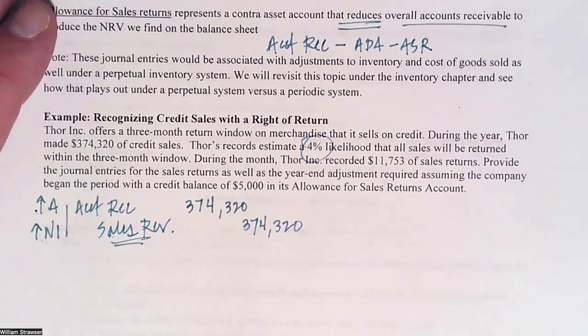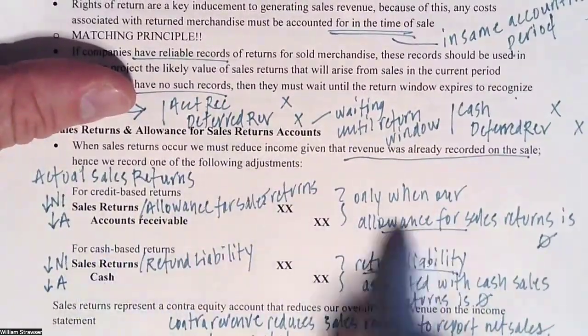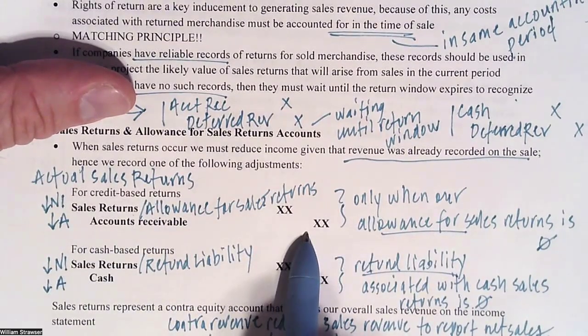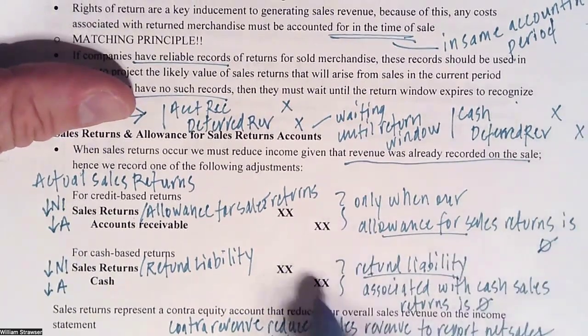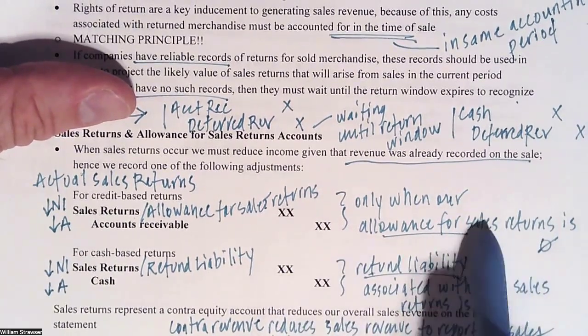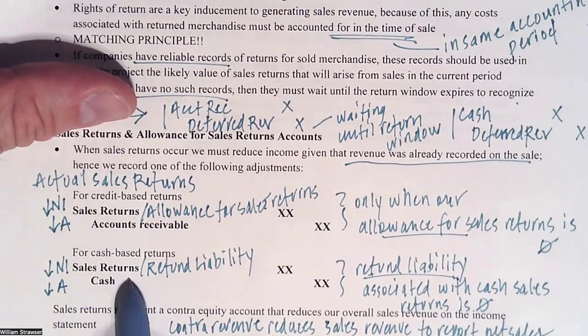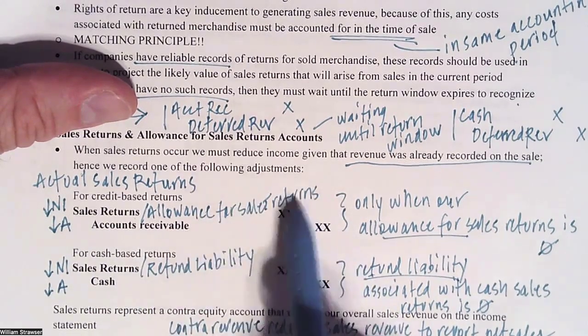Now, we want to use this because when customers are bringing items back, they are actually going to cancel out their accounts in the case of credit-based sales or receive cash back in the case of cash sales. And we only do the sales returns account here, the debit to sales returns, our contra revenue account, when the allowance for sales returns or the refund liability are zero.